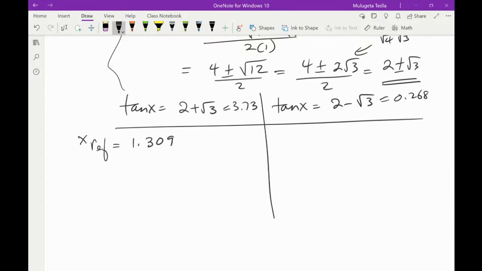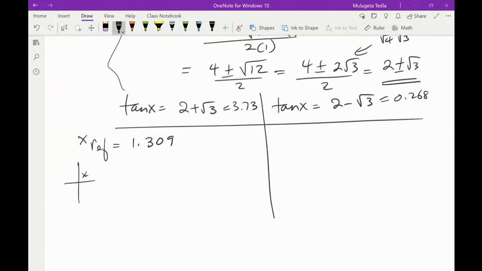Is that what you get? So the reference angle is 1.309.